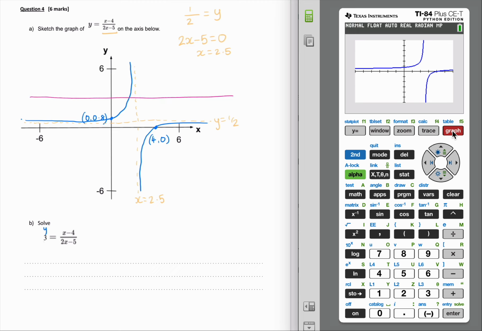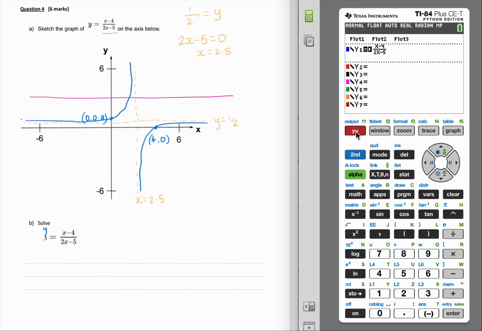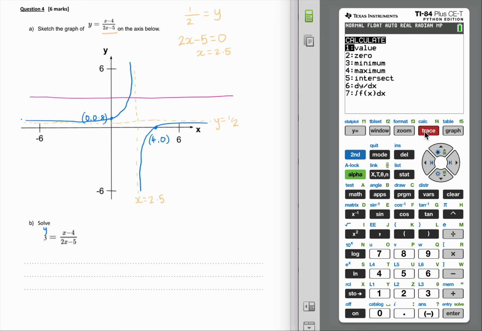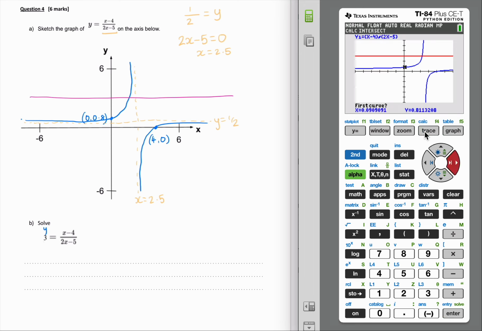If I now plot the line of y equals 3, so if I add that underneath, then we can see this is when the function equals to 3. So I can find my intersect to see where do those lines cross together. And that happens at 2.2. So it's just when y equals 3, which is an answer of x equals 2.2.